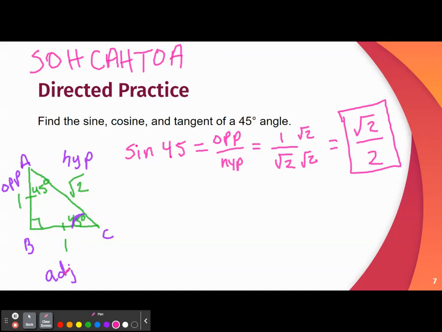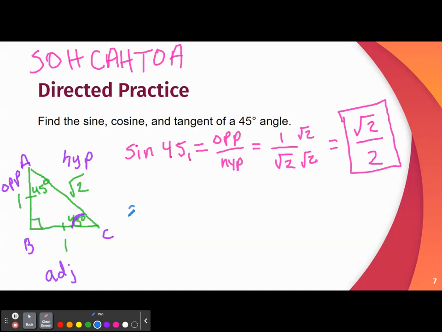If you just do 1 over the square root of 2, then if you have one of these calculators, it'll give you the square root of 2 over 2. If you have one of those, it'll give you the decimal. And this one does not ask for the decimal, it wants this. You got to write it as a fraction first. This is a way to check your answer to make sure you did it correctly.